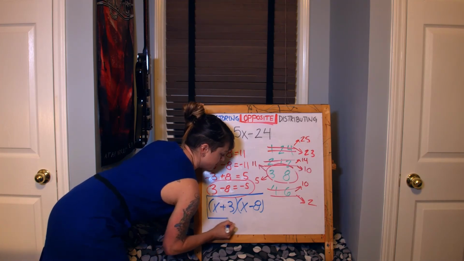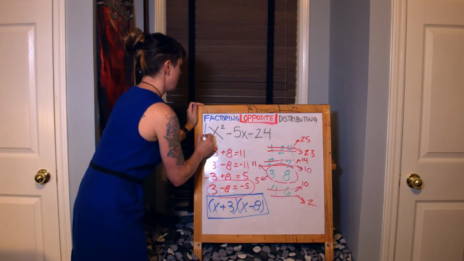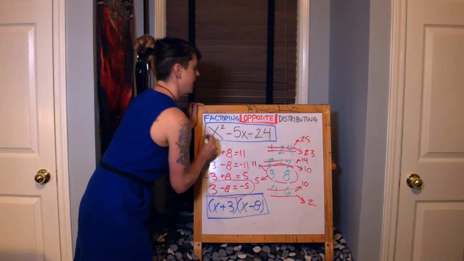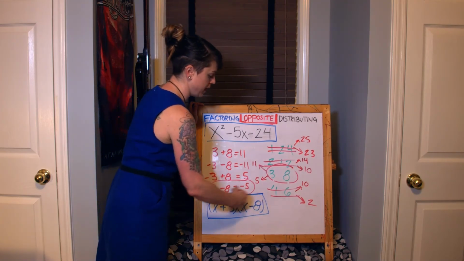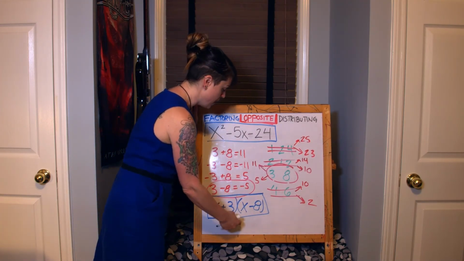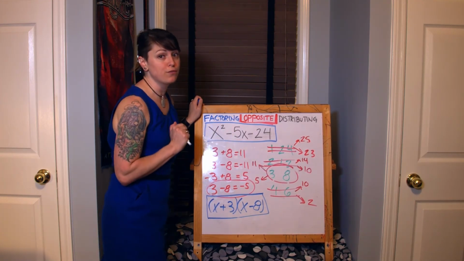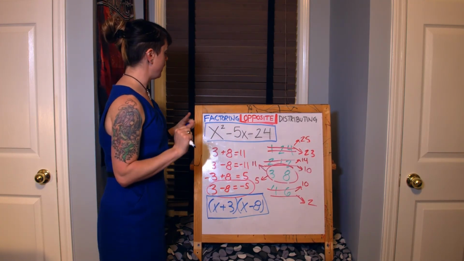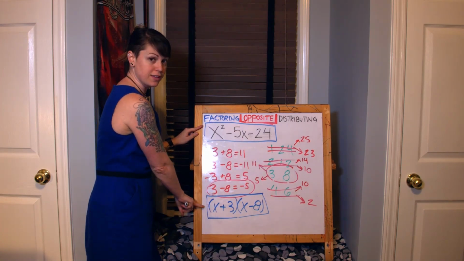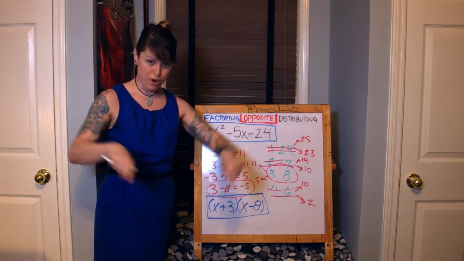And that is the factored form of this trinomial. And if I were to multiply that out and distribute, I would get this exact answer. Or even better yet, if we're good at graphing, I could graph this and I could graph this, and they would graph right on top of each other.